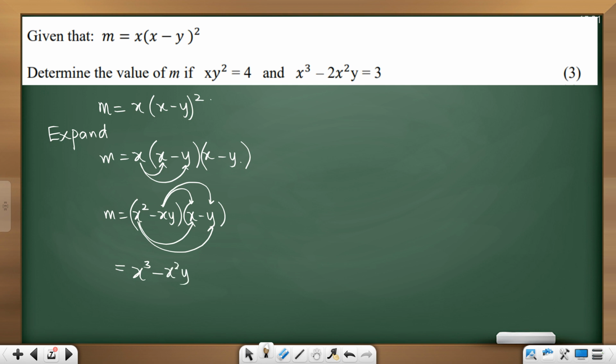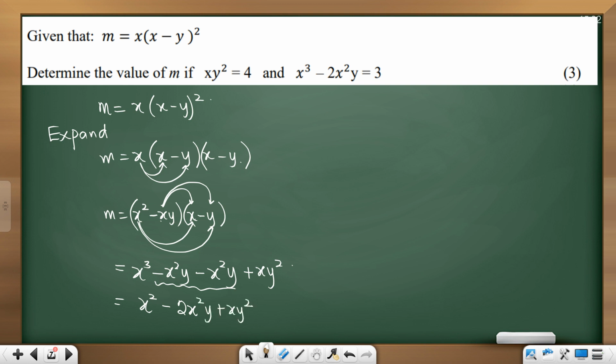I'm done with the first one. Let's go check on the second one. It is x squared, but it's minus x squared y. Now, negative times negative would give us positive, and what do you have? xy squared. I see like terms somewhere there. So that gives us a minus 2x squared y.